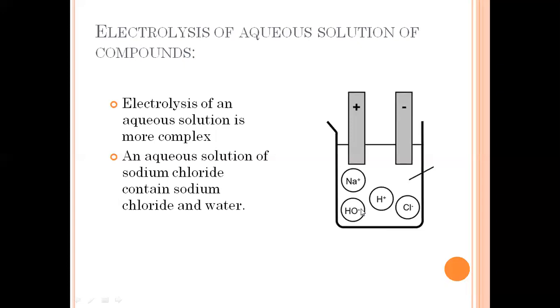Before this, we just discussed two ions present in our solution, one cation and one anion. But in an aqueous solution, there are four ions in one electrolyte. That's why electrolysis of an aqueous solution is more complex.